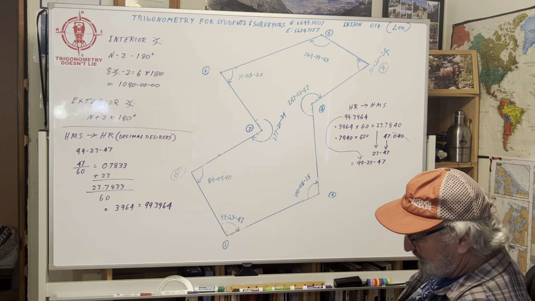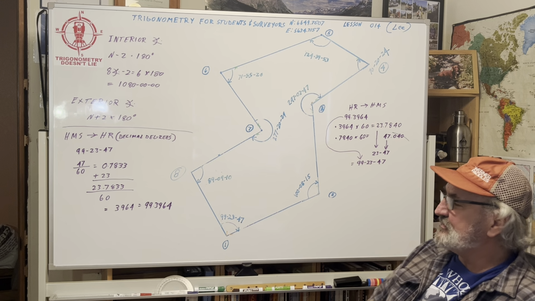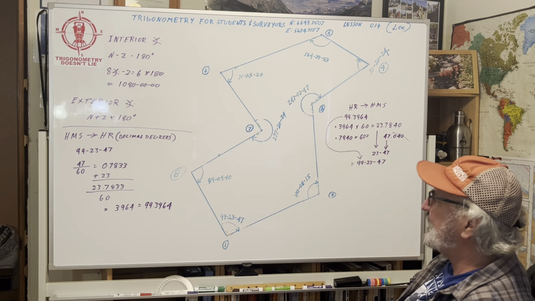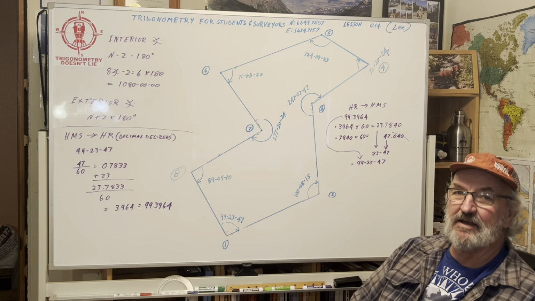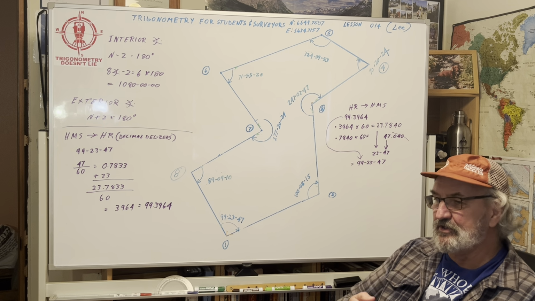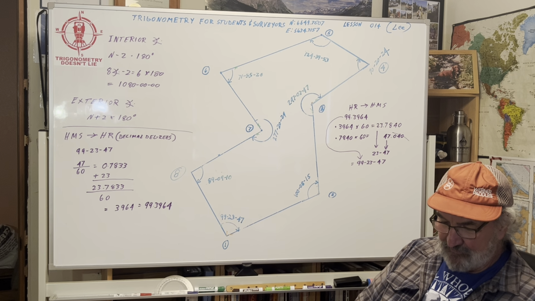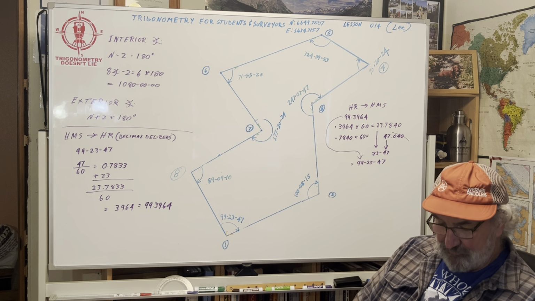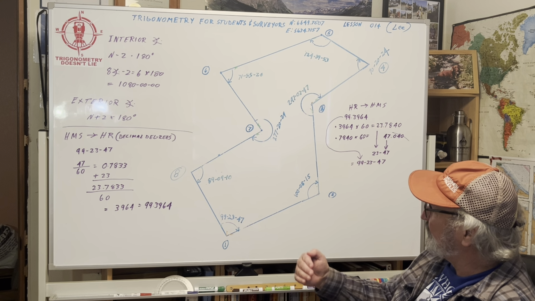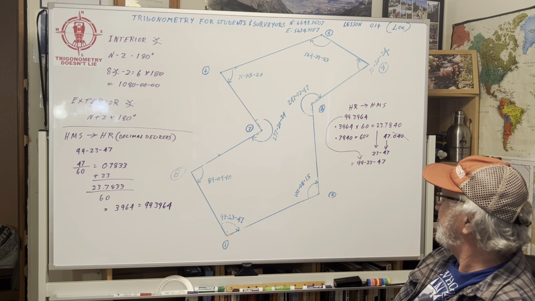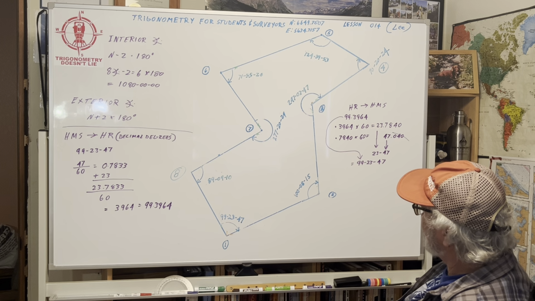So I got 99.3964. Now here's what I was talking about. There are two ways to do this. There's probably more than that, but you could store these using memory store, or else you can just run it without storing the memory. It's that simple. We could do it both ways.